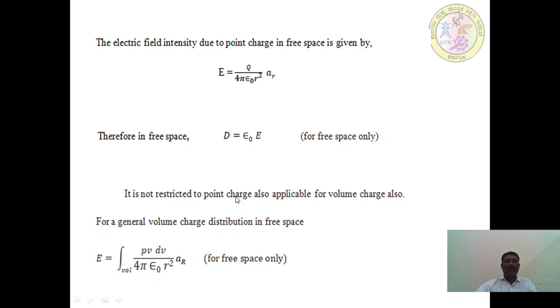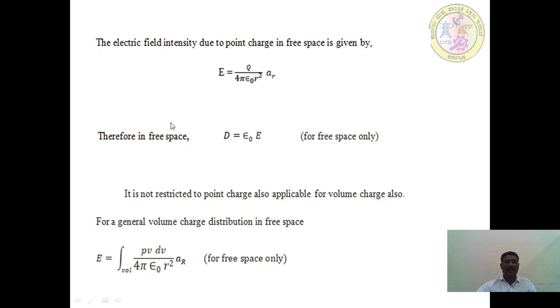Okay. The electric field intensity due to a point charge is given by the equation E, where capital E represents electric field intensity, is equal to Q divided by 4 pi epsilon naught r square into a_r.